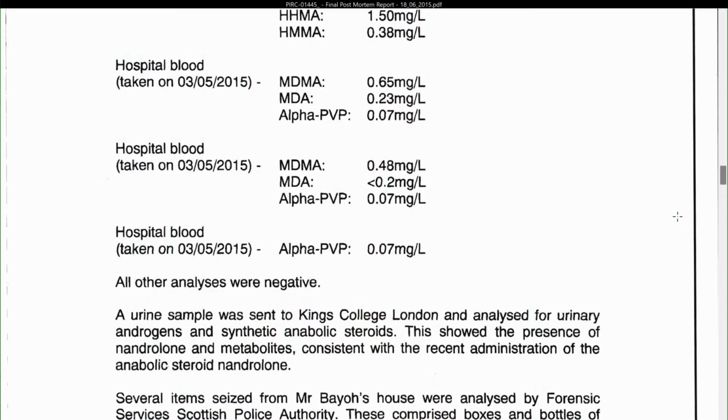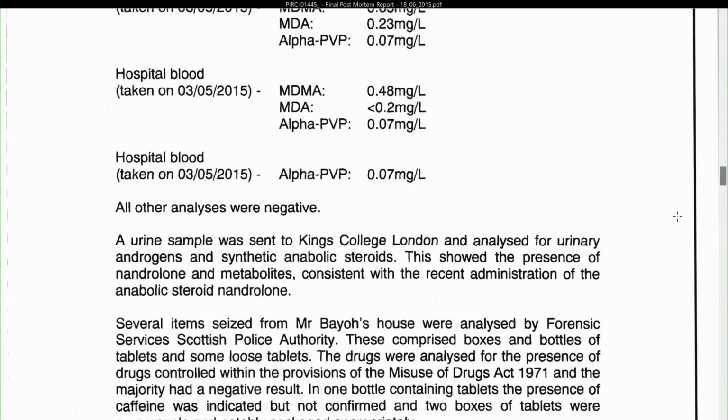And it says, sorry, I've lost it. Consistent with the recent administration of the steroid nandrolone. Can you explain what you meant by recent administration? In the previous few days to a week or so. Steroid use is not something that we see as acutely causing people to die.